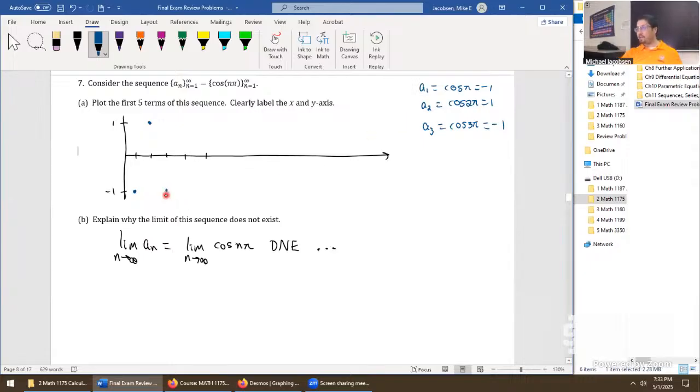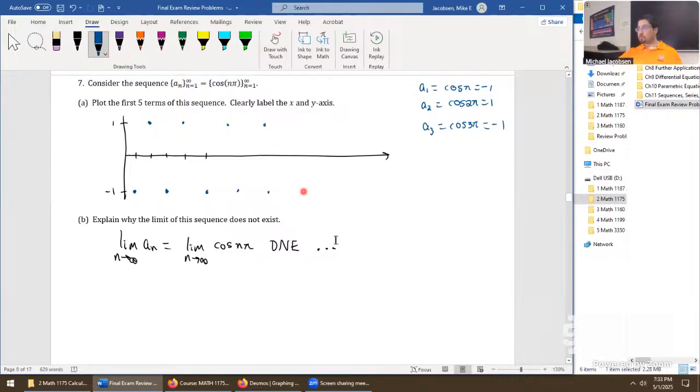This establishes the pattern for every single one of these terms. We're just oscillating from negative 1 to positive 1 to negative 1 and so on, and this pattern just continues forever. In order for the limit to actually exist, these dots have to be getting closer to each other. That could be forced to happen with the right thing in front of cosine.